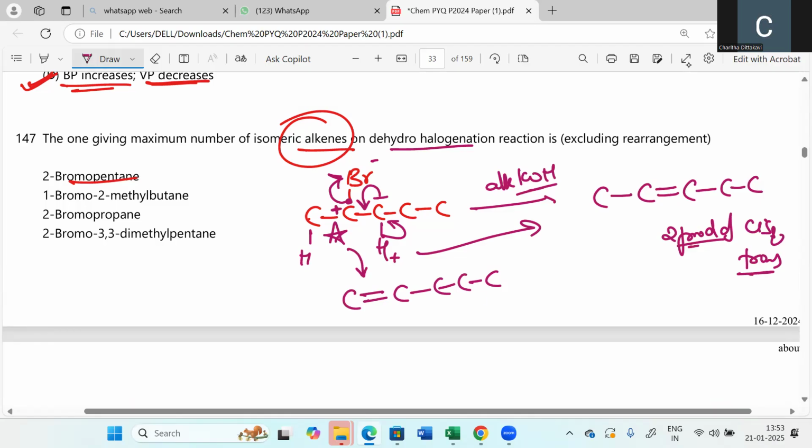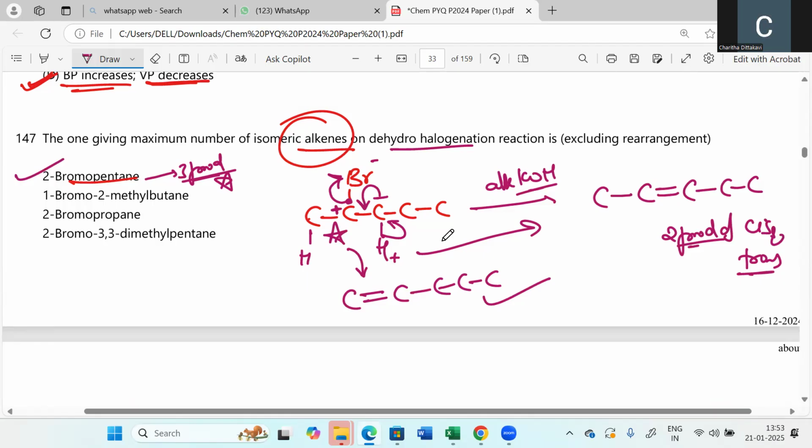So here you would get 1 product, and 2 products there, so a total of 3 products you will get here for sure. And for the rest of the things, such as 2-bromopropane and all, you would not get so many. So you can just try out the others also and check.